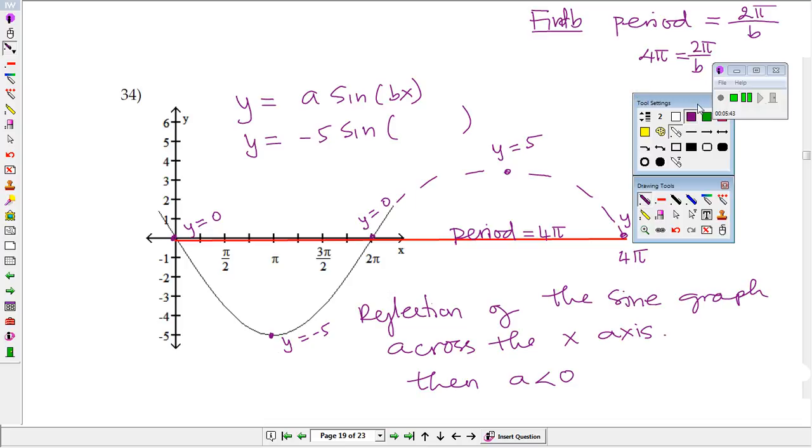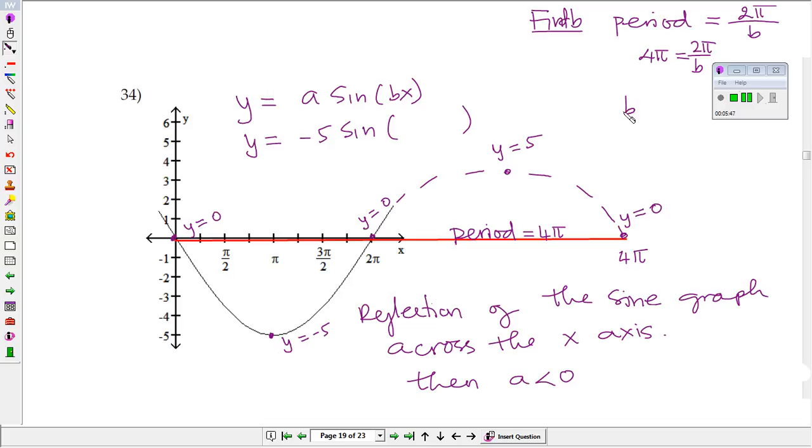We solve for b: b equals 2 pi divided by 4 pi, reduce the fraction, so b equals 1/2. Therefore, the equation for the graph is y equals -5 times sine of 1/2 x.